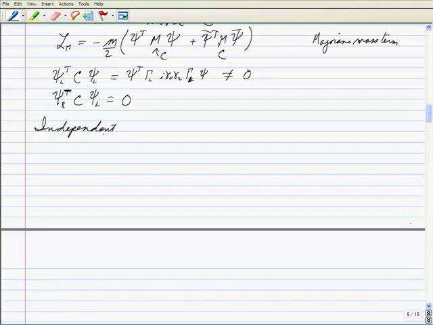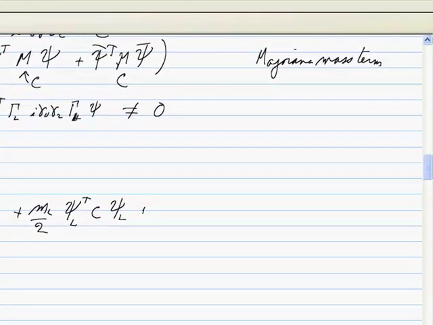Since the kinetic energy piece is left to left, we can write out L as psi bar left i d-slash psi left, plus m_L over 2 psi left transpose C psi left plus Hermitian conjugate. And I could just stop there. I don't have to even do anything with psi rights. That's a perfectly good piece just with the left parts in there.